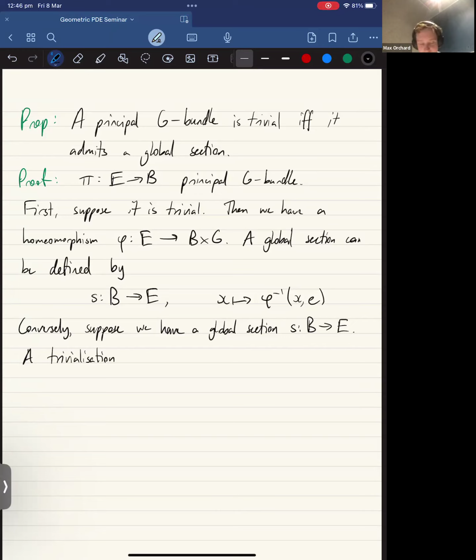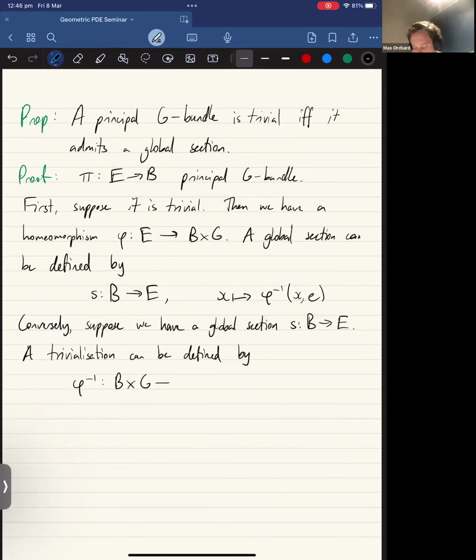And such a trivialization can be defined by, I'm actually going to write its inverse, the inverse of the trivialization that goes the other way around. And we're going to send an element xg from our Cartesian product to S of xg. So this section is defined globally.